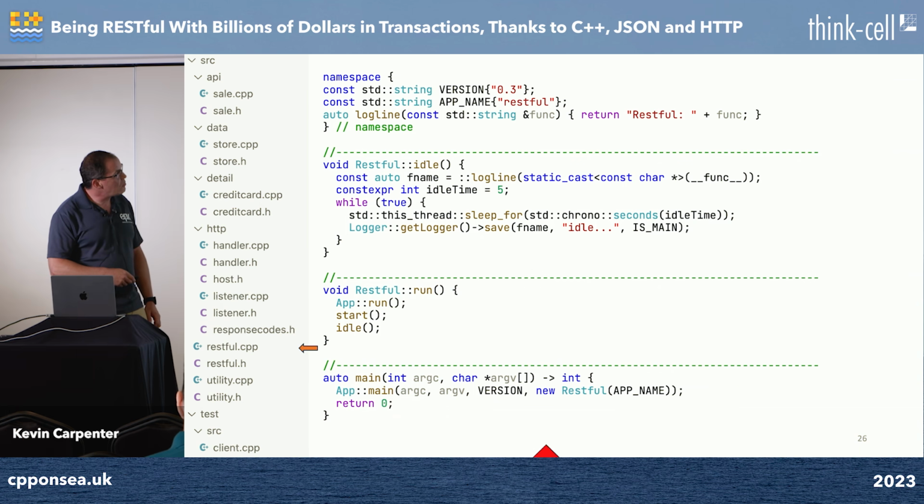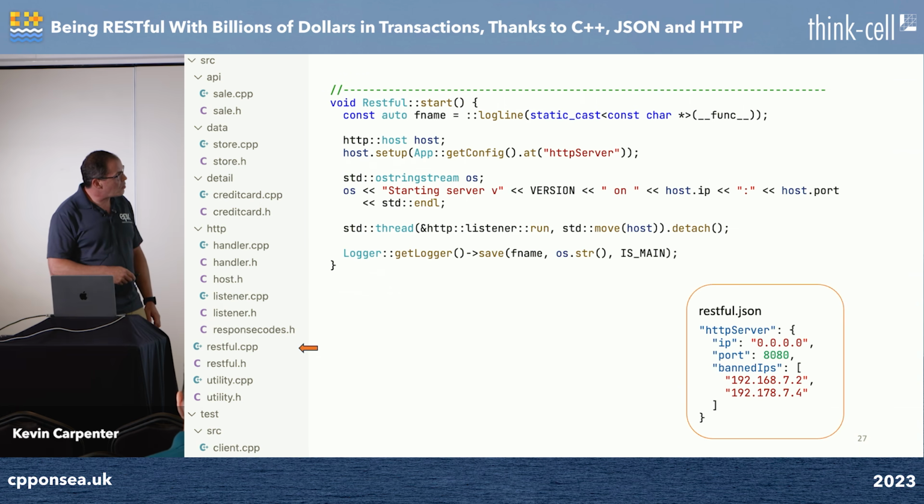Part of the way our app framework works is that when it starts up and does that run, it looks for that file restful.json, which is our config. This is a two-part thing. This is how we happen to load configs, but I also want to point out that this is where we're using the nlohmann library to pull in a JSON config file. So we don't just use the JSON for the actual RESTful interface. For us, we actually use it for the config files too.